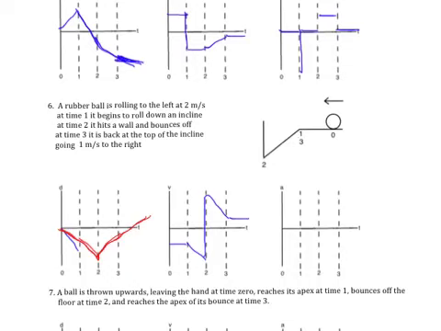Well, let's see what happens over here with the acceleration part. So to start with, there's no acceleration. Then it begins to pick up speed in the negative direction, which is to say it has a negative acceleration. Now what happens here is there's this brief spike, and then we continue our negative acceleration.